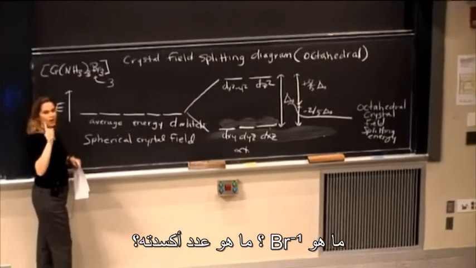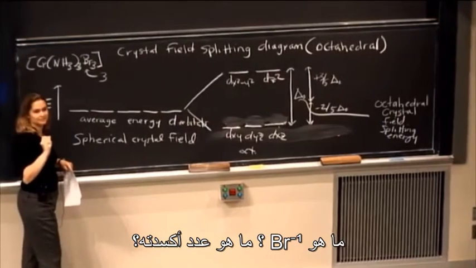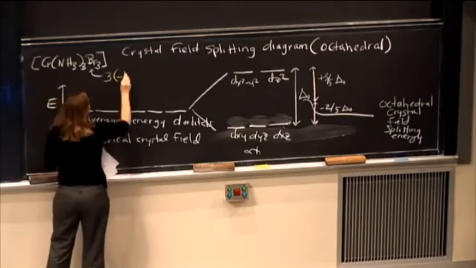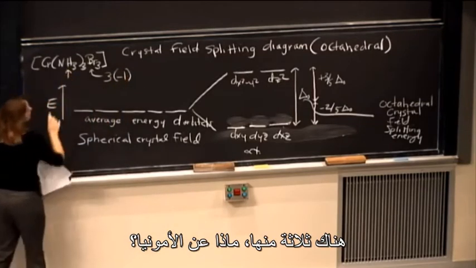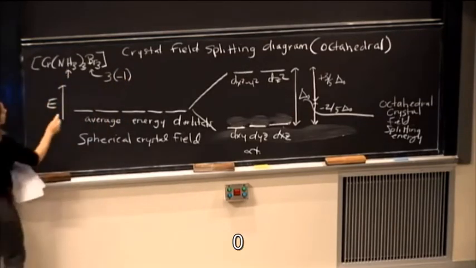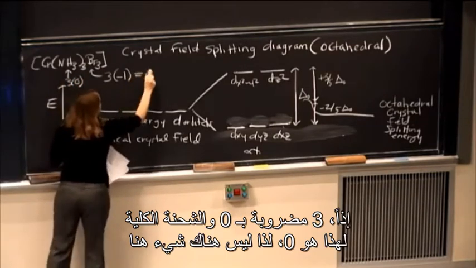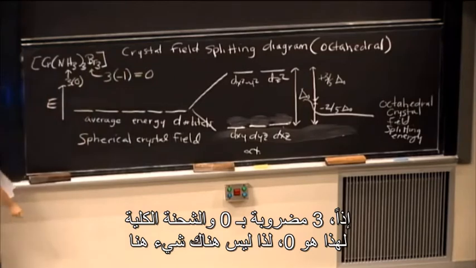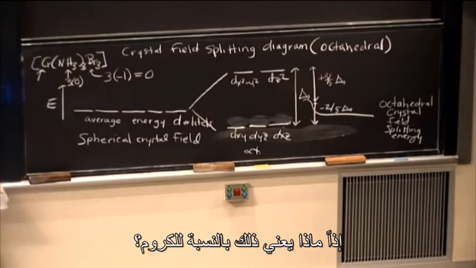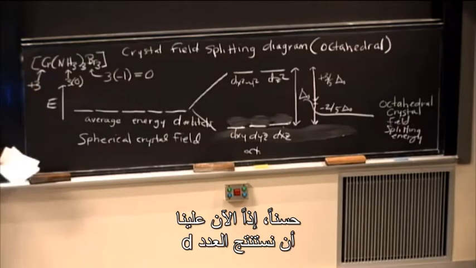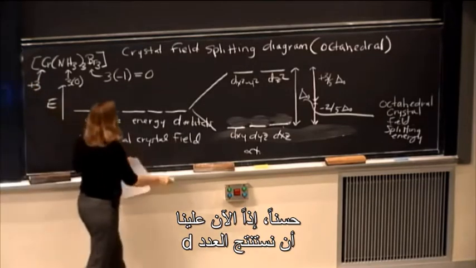What's 1 Br minus? What's its oxidation number? -1. There are 3 of them. What about ammonia? 0, so 3 times 0. And the overall charge of this is 0, so there's nothing up there. So what does that mean about chromium? +3.